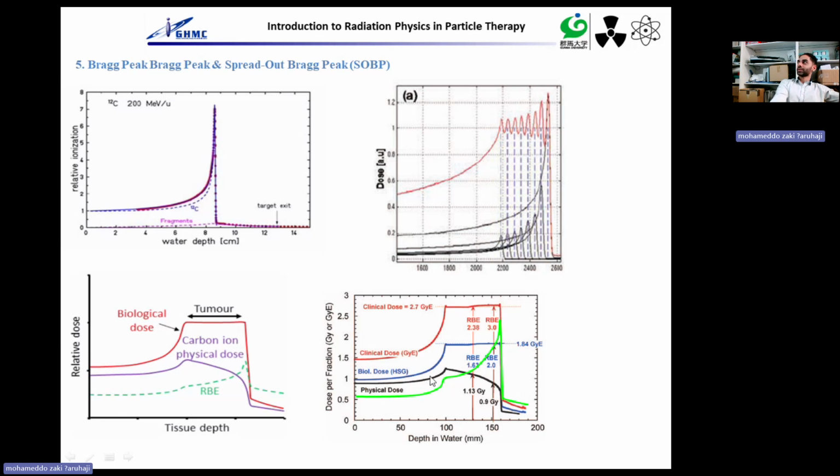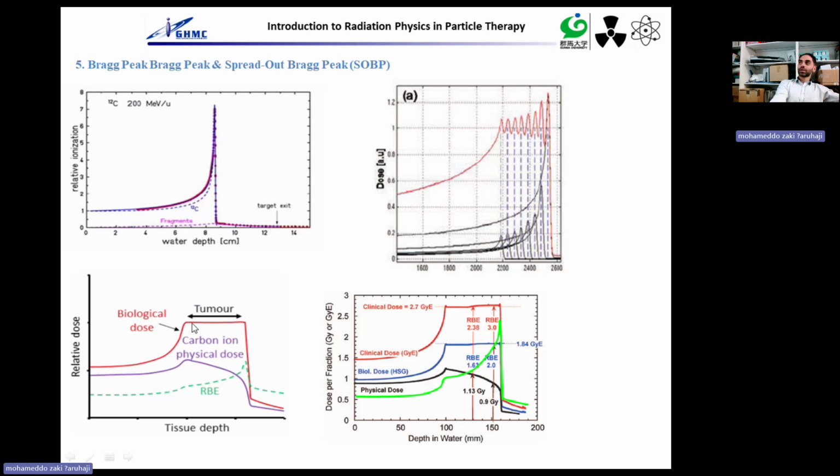This physical dose is the dose deposited on the patient, or on the cancer, or on the organs, or on the target, from the Bragg peak. From the Bragg peak.